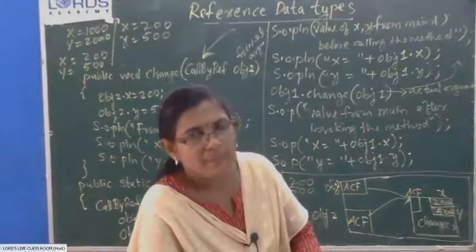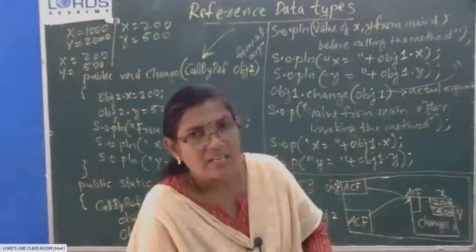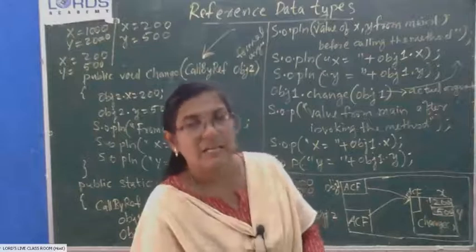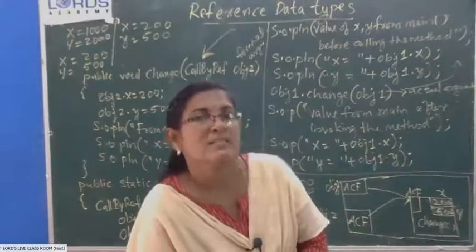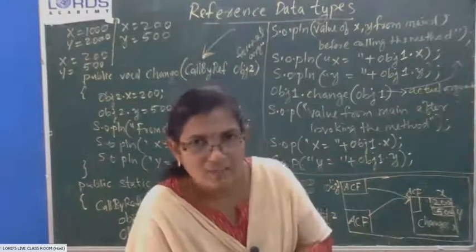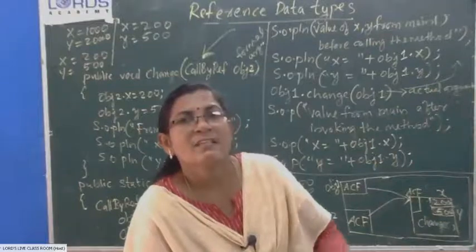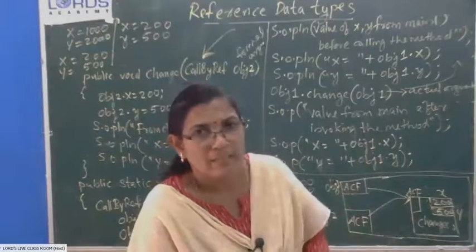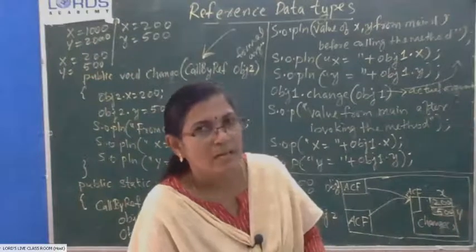So in Java, all the reference data types, objects of all the reference data types like classes, arrays and interfaces, when you pass the objects of these reference data types to the function, only wherever the object is stored in the memory, that address will be copied to the formal variable, formal argument.